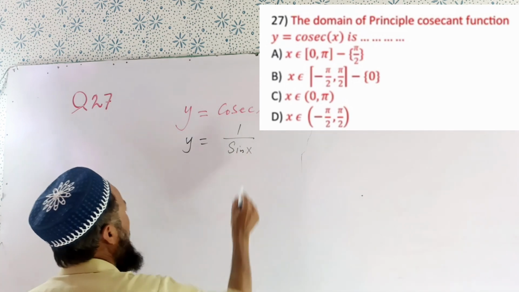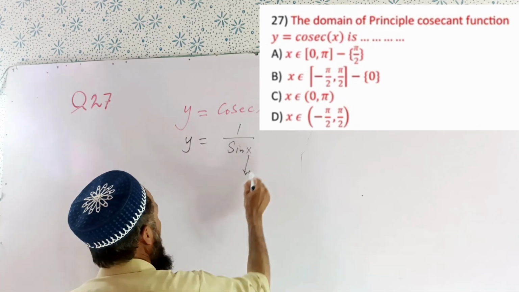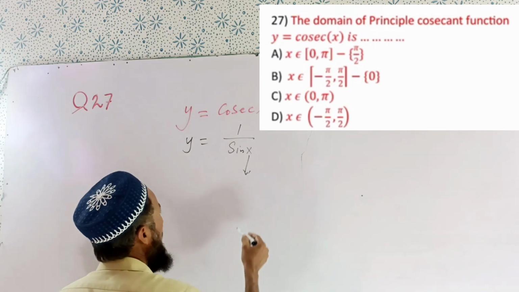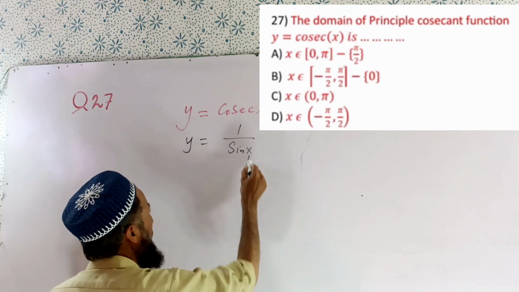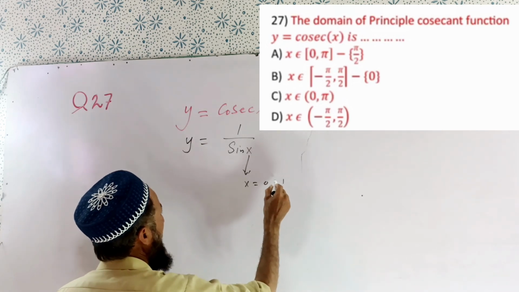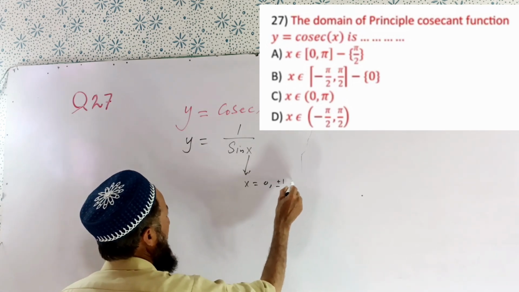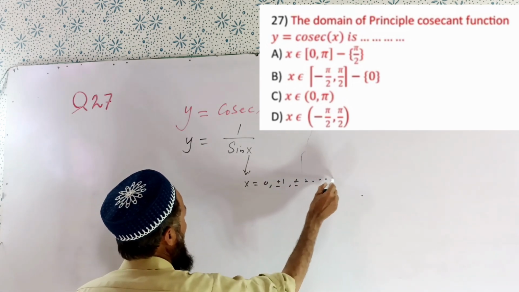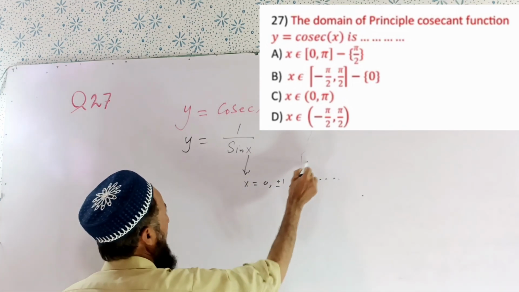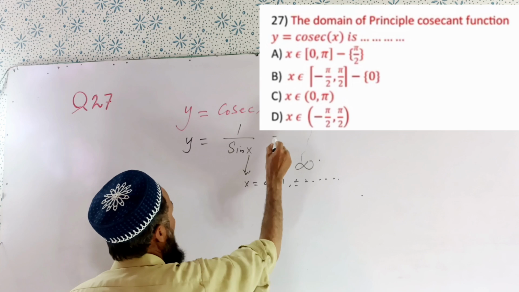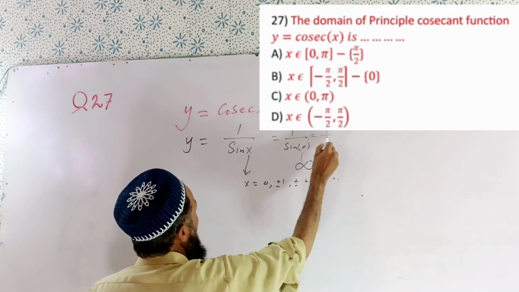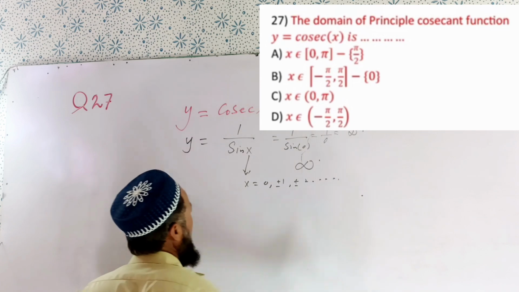It means that if we replace x with 0, 1, 2 up to sine 0, if we put x equal to 0, plus minus 1, plus minus 2 and so on, the result is infinity. 1 divided by sine 0, which is 0, is an undefined case.